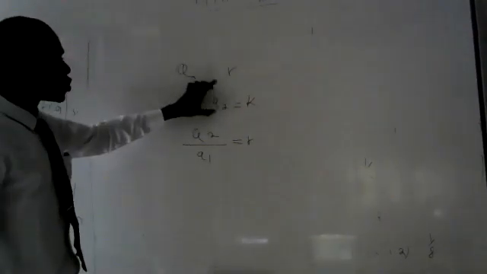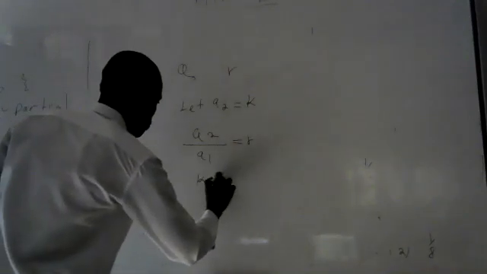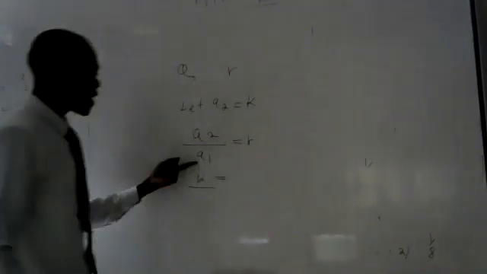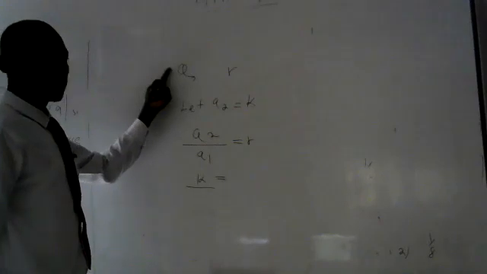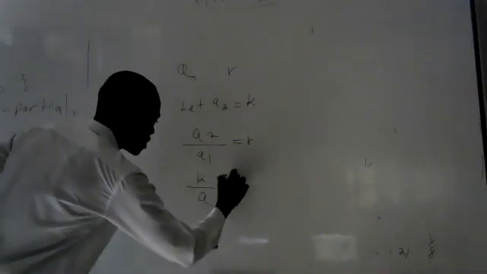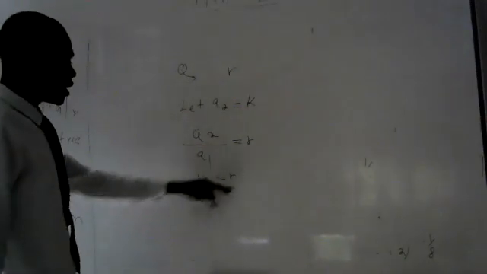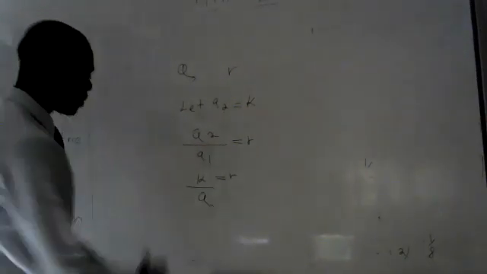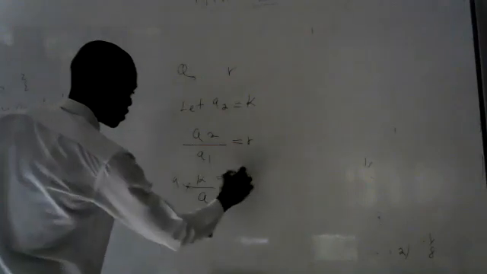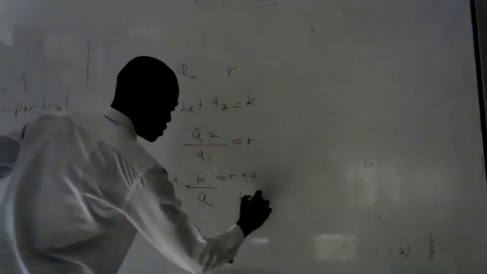Now we don't know what A2 is. It's what we are looking for. So K divided by A1. Well, A1 is just A, the first term, should give us R. Then at this stage, make K the subject of the formula by multiplying both sides by A, so that K is simply AR.